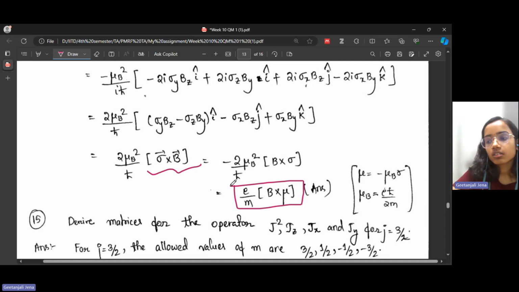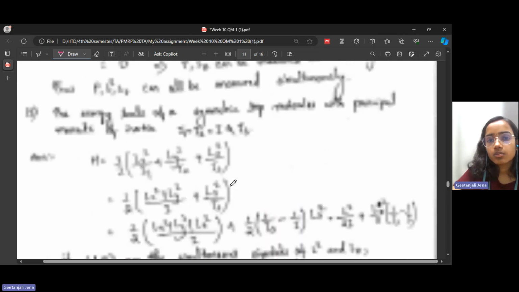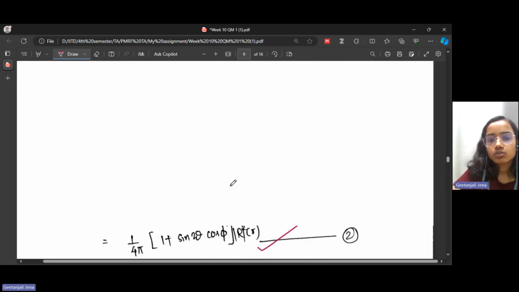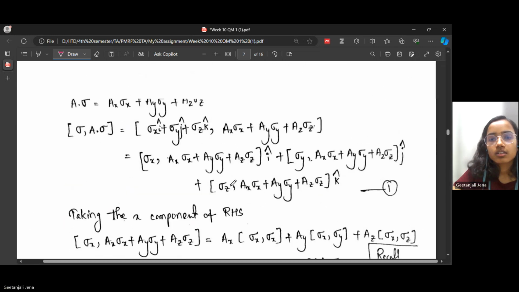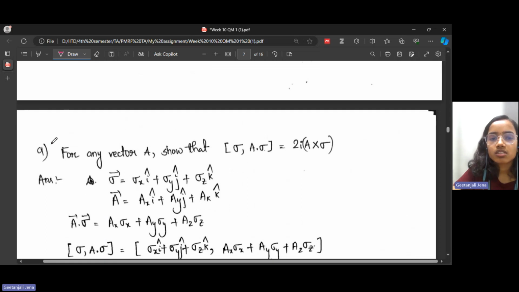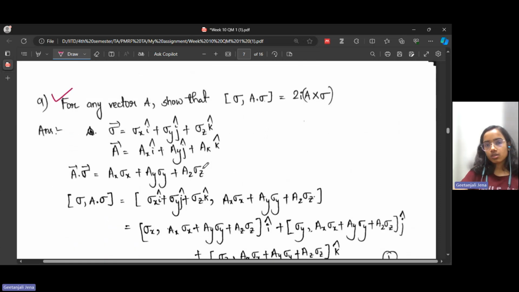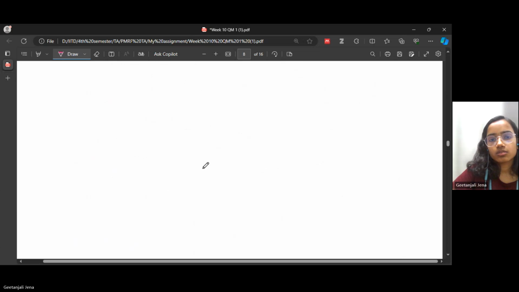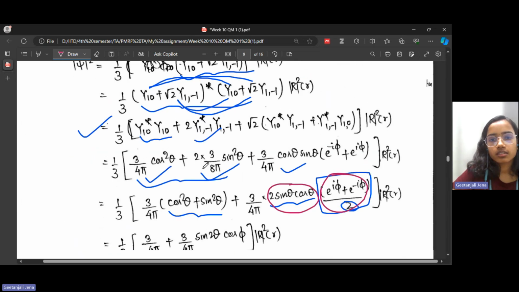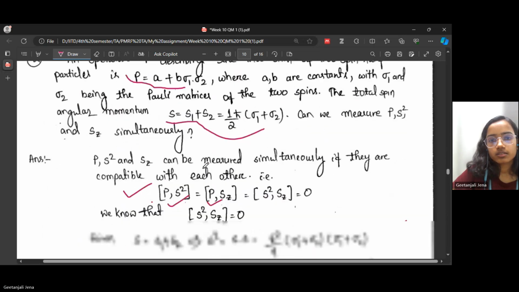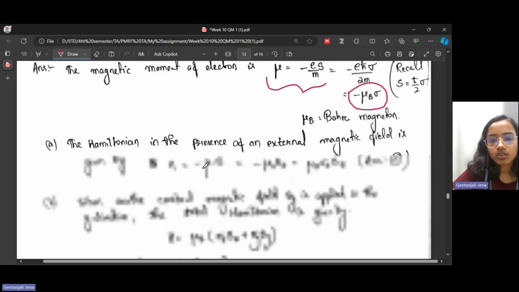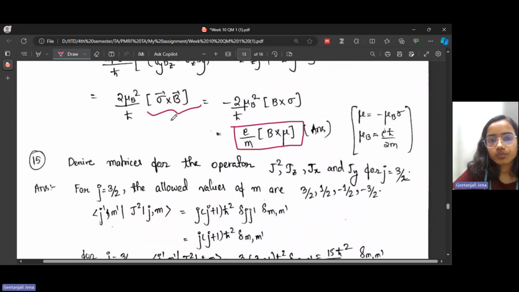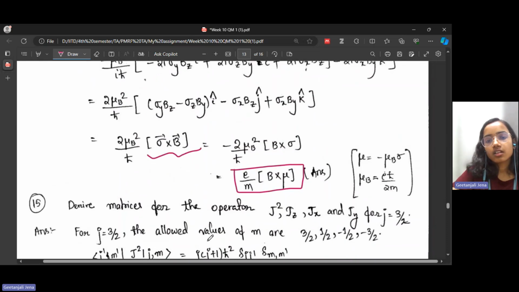It is similar to the third question that I solved. Let me show you. This one. It is similar to this question. You just have to use the properties of Pauli matrix commutation relations and find the answer, in terms of the cross product of sigma with B. This is the answer.